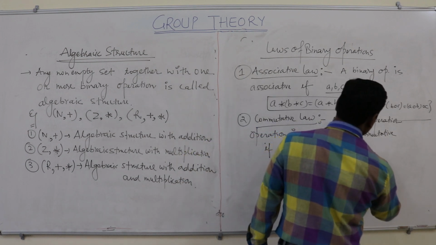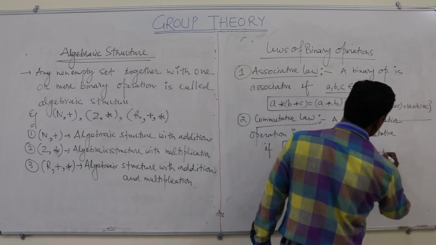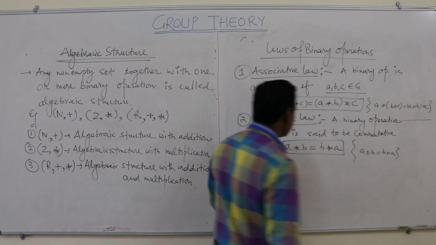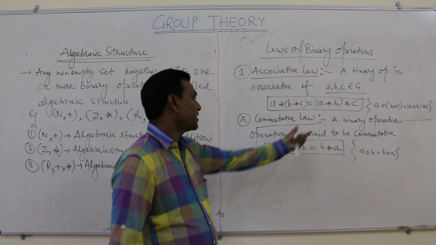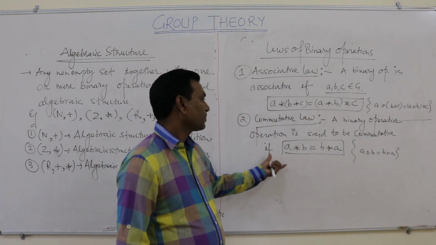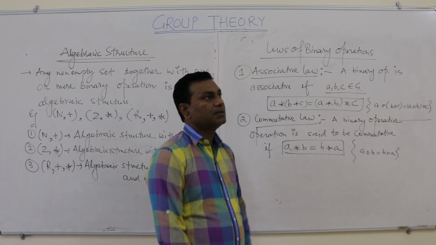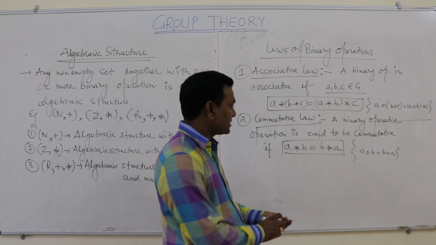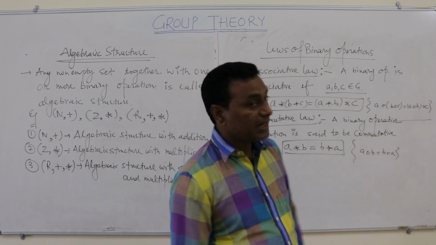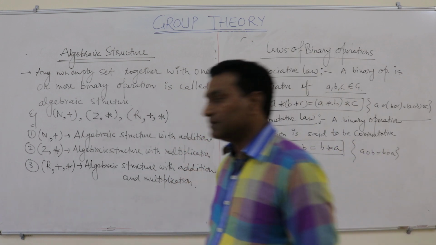For generalization, we can write a operation b equals b operation a. So by this commutative law, this binary operation is commutative in this case.